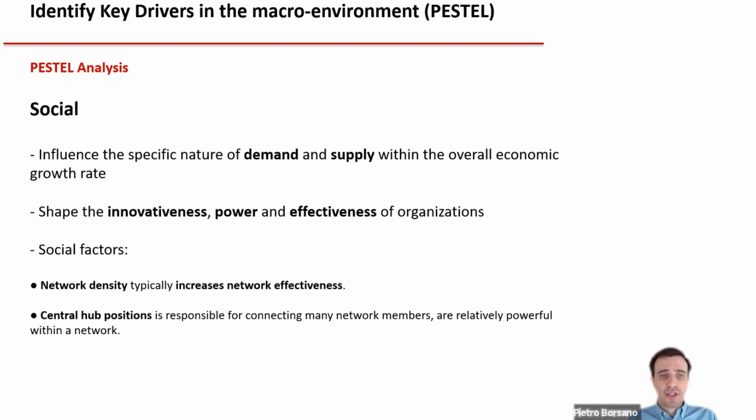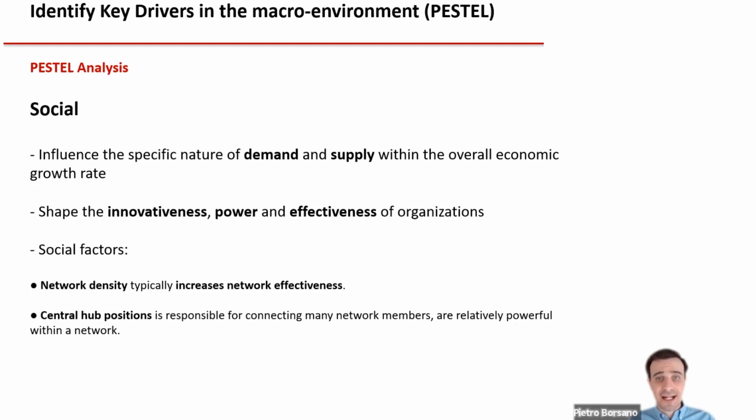Another important point to consider is that when we analyze the social dimension, we would like to identify also what are the relationships, what are the linkages between companies and organizations. And this will lead to the concept of network.